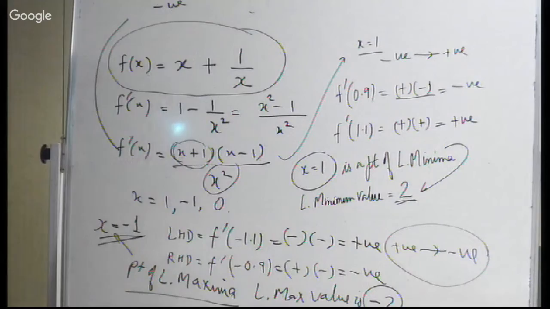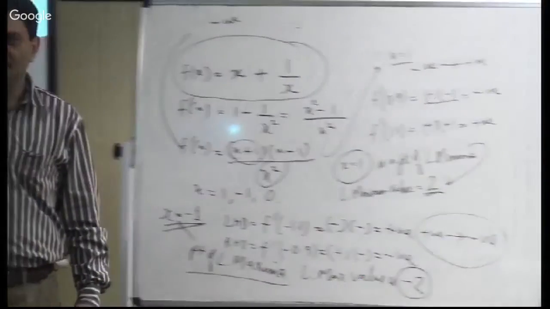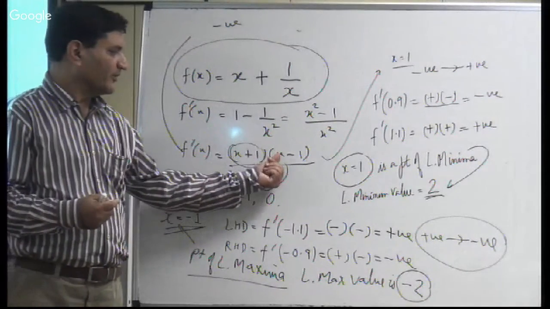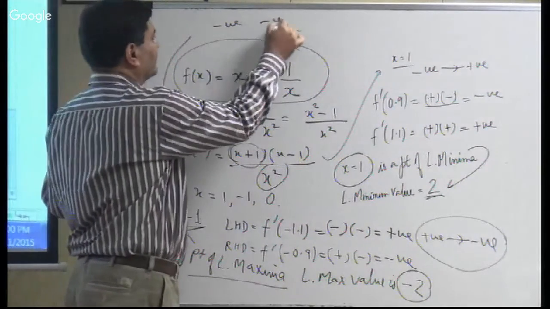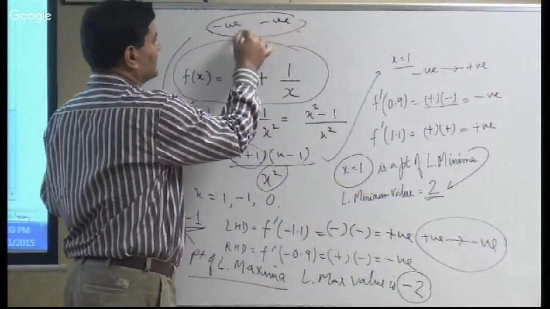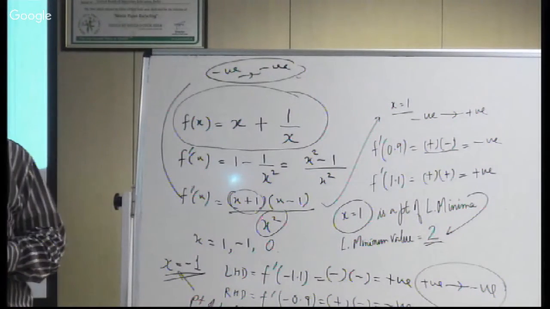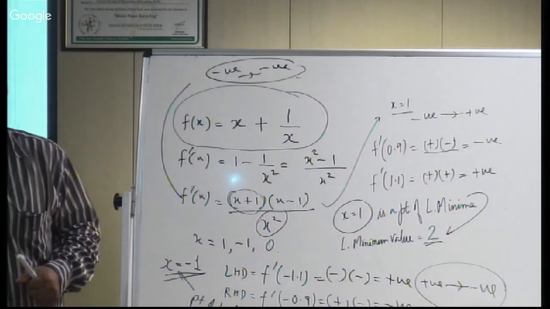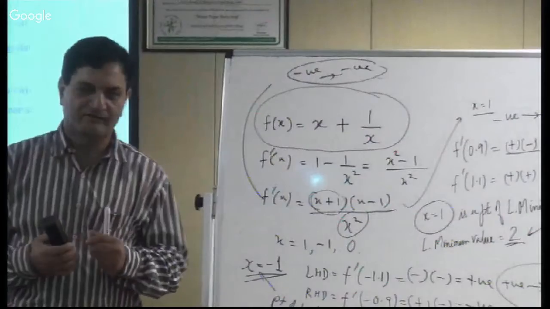Now if you take a positive value slightly on the right side of 0, that means 0.1, this is positive and 0.1 minus 1 is negative. Again negative. So at 0, there is some problem. It is neither a local maximum nor a local minimum. Now let us draw the rough sketch of this function and see how the maxima and minima are formed.